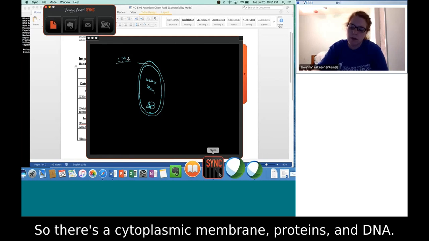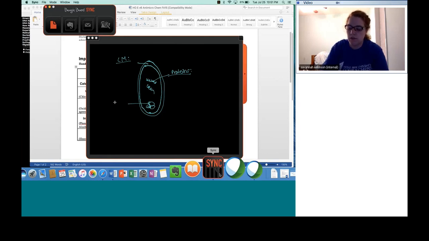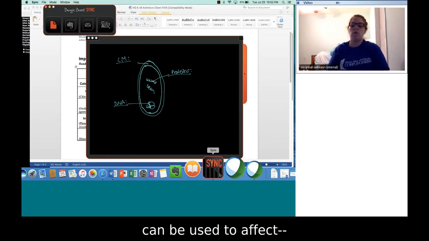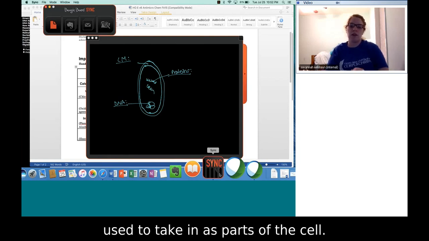So there's a cytoplasmic membrane, proteins, and DNA. Okay. So I'm fixing to write the chemical agents that can be used to affect these particular parts of the cell.